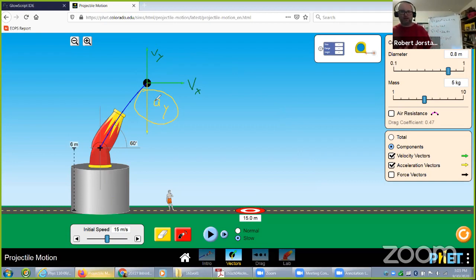Gravity doesn't pull left or right, so we don't get anything there. All right. And so we see the velocities in the x and y. As this ball is flying through the air, since ax is equal to 0, what will be happening to vx as this ball flies?